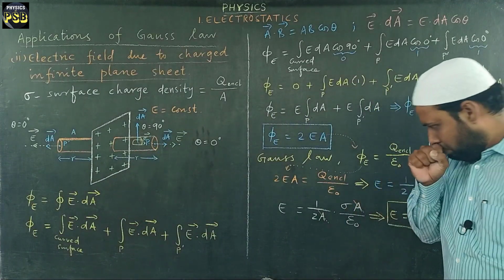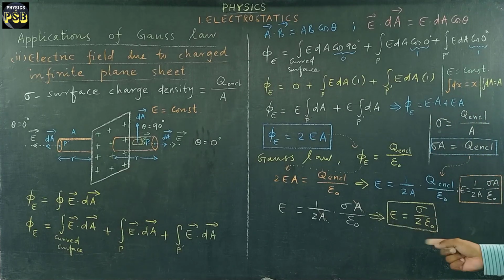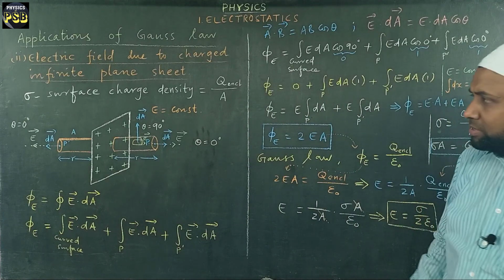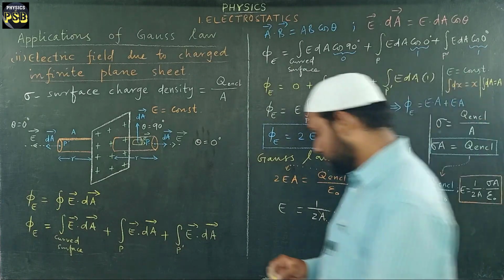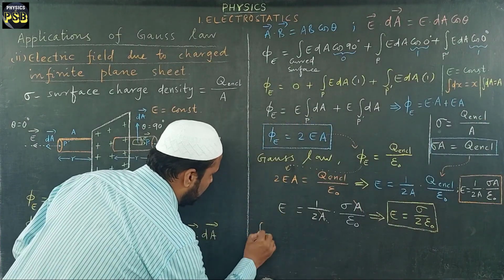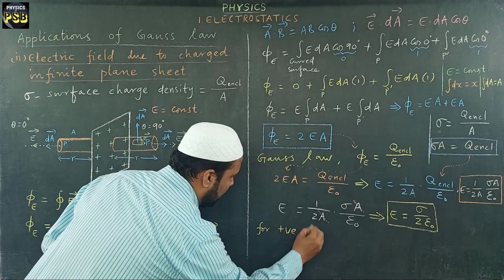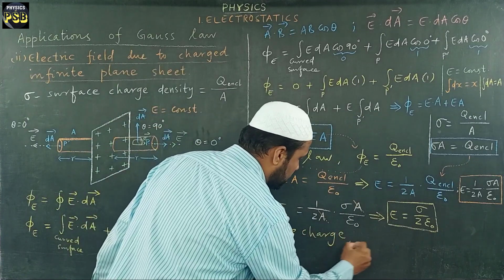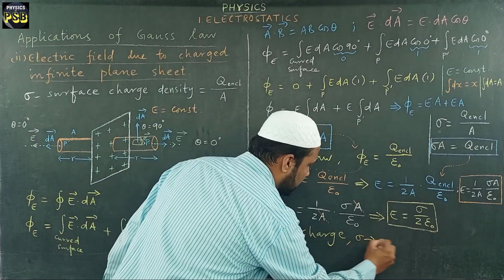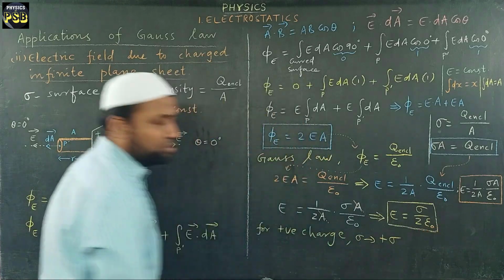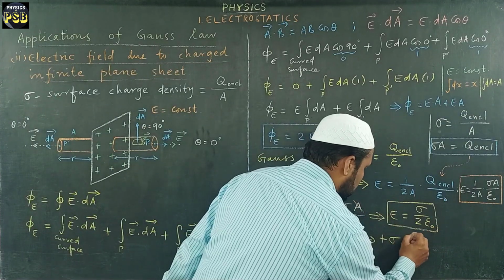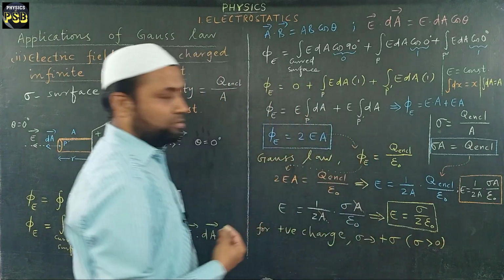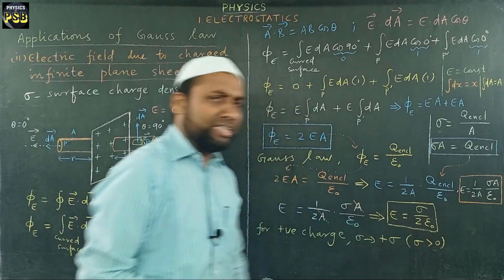Let me provide some more information about this. Here we have taken a positive charge. That means for positive charge, sigma is positive, or we can write sigma is greater than 0.